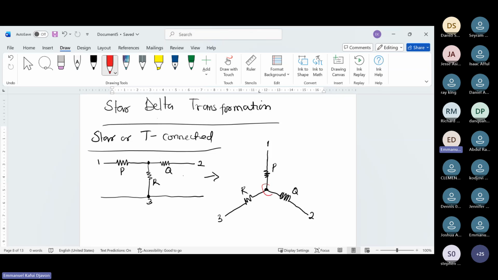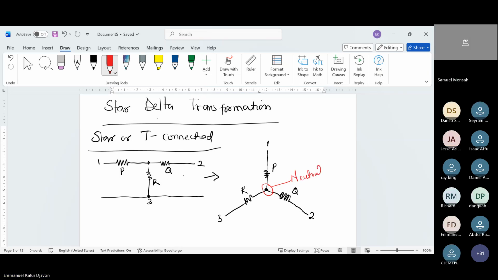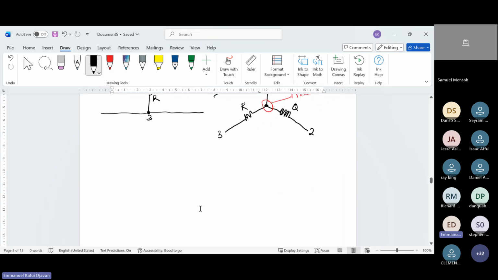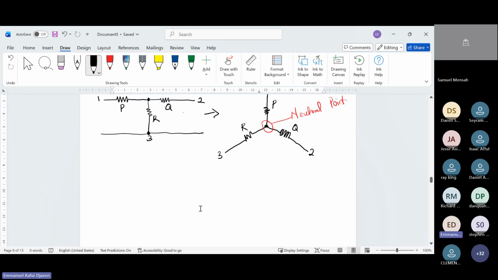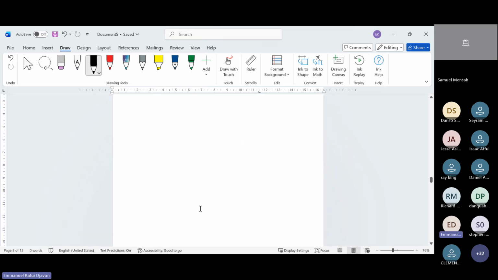So our goal today is this. Now, how are we going to deal with circuits with impedances connected in this format? How are we going to deal with it?